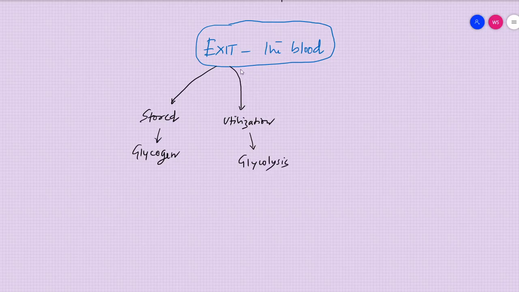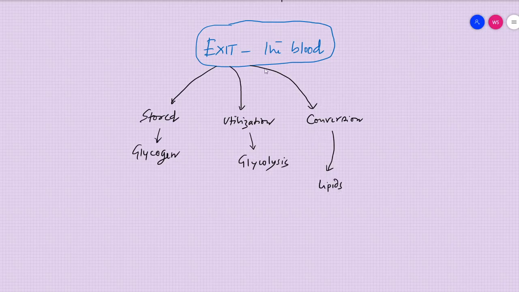The other thing that happens is, we said that the primary metabolites are interchangeable, so they can be converted into other forms. Which is the storage form of energy? You're right, they can be stored as lipids.